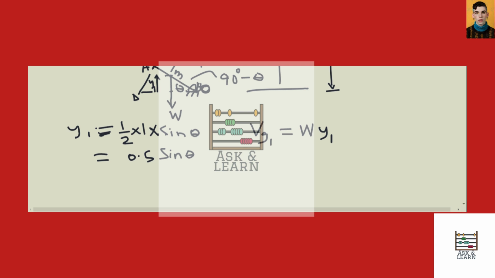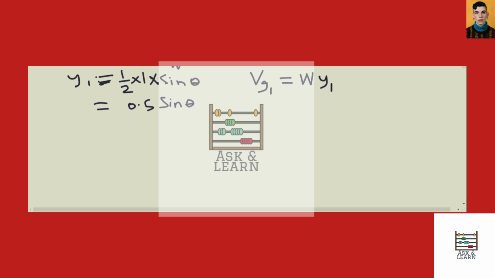Now we can look at the mass. Since A coincides with D when OA is horizontal, OD is equal to 1 meter, which we have indicated.